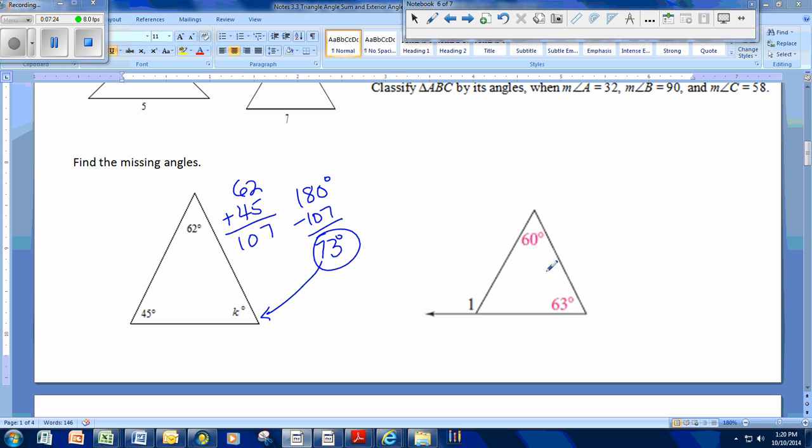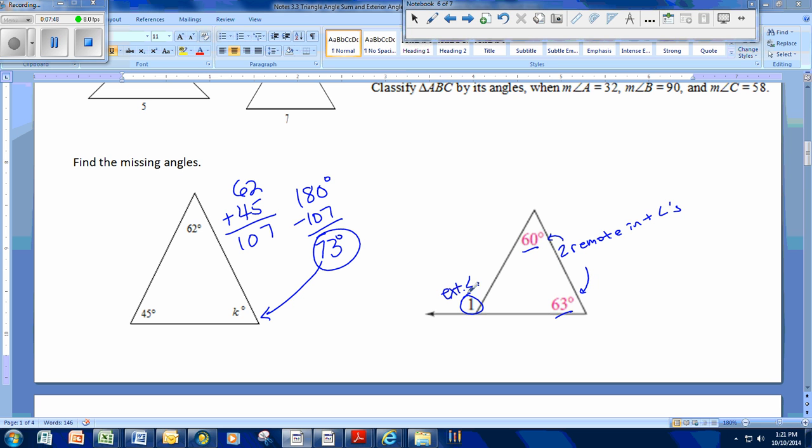And the final example here is going to touch on the exterior angle theorem. Okay? This angle right here is an exterior angle because it's an extension of one of the sides of the triangle. So I know that this angle 1 is going to be the sum of its 2 remote interior angles.